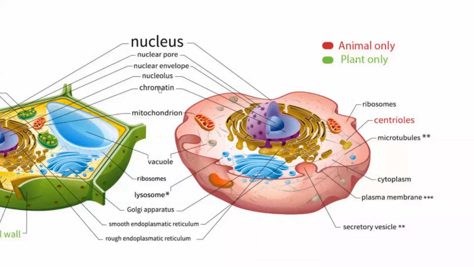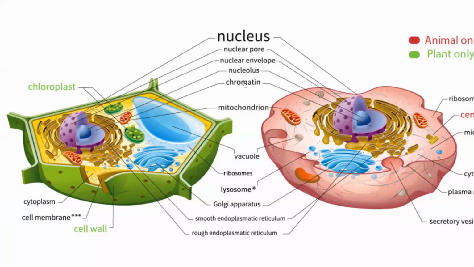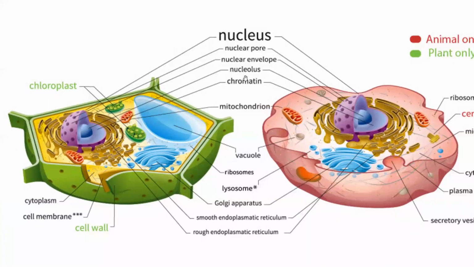Now, the animal cell and the plant cell have some differences. What are the differences? Those differences are marked over here. For example, the chloroplast is present in the plant cell, but it is absent in the animal cell, right?